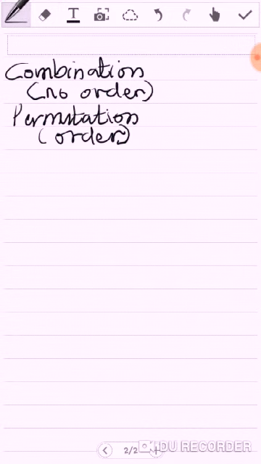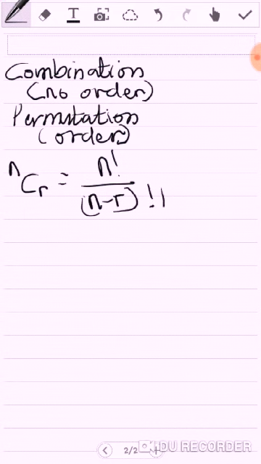And the formula for combination is nCr equals n factorial over n minus r factorial times r factorial. Here I used R, so I'll make it R, sorry. So this is the formula for combination.